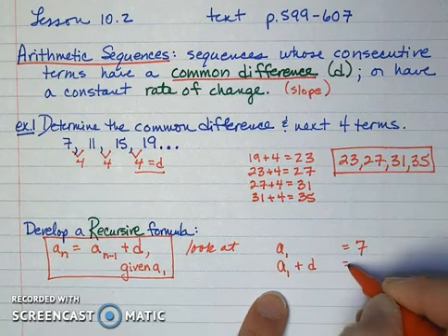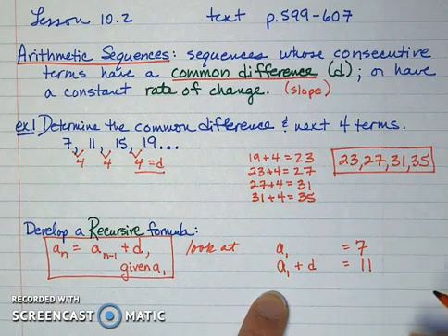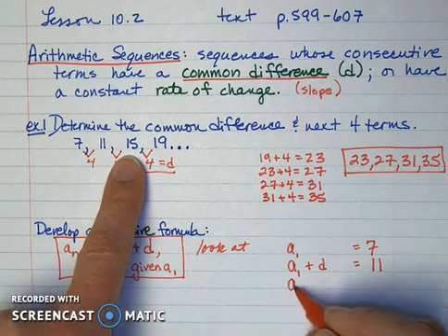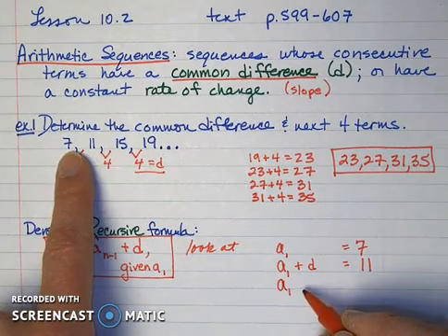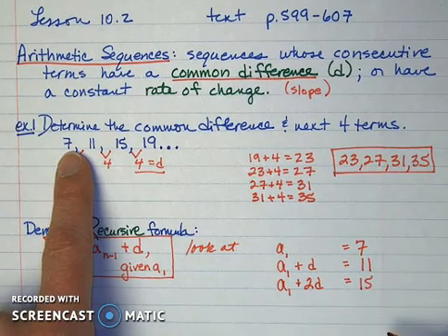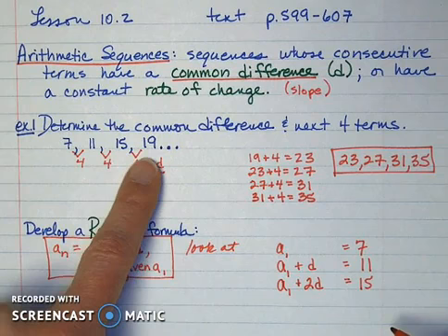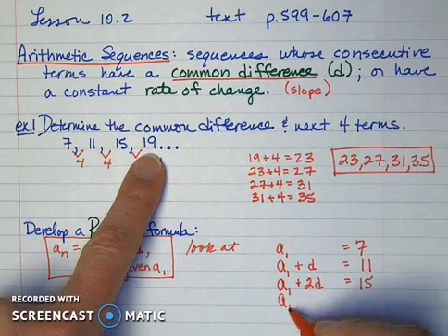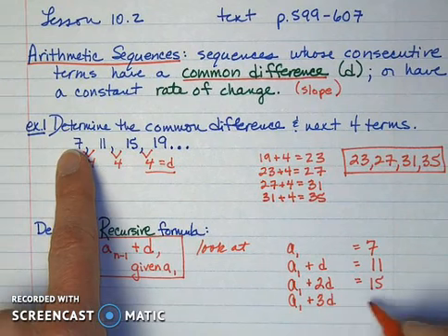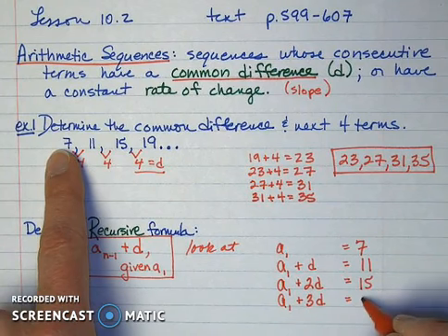And that gave me 11. To get the next term, the 15, I took that first term and I added 2 of the differences. And that gave me 15. To get the next term, I took, again, the first term and I added 3 of the differences. And that gave me 19.